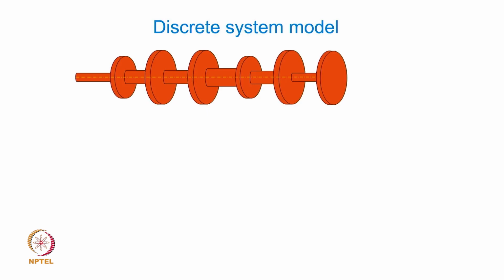So going back to that gearbox, supposing that we have several such individual inertias connected by flexible shaft elements, and you can extend this to any number of such elements. What we are basically going to do is represent this entire system as an assemblage of individual segments.